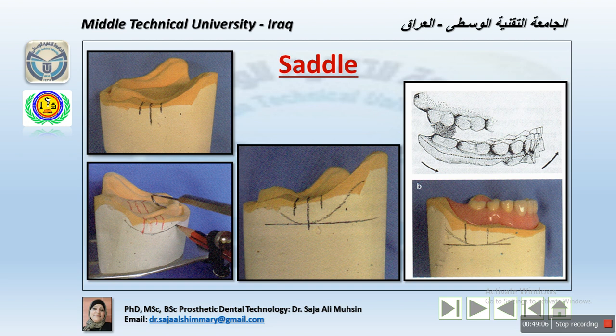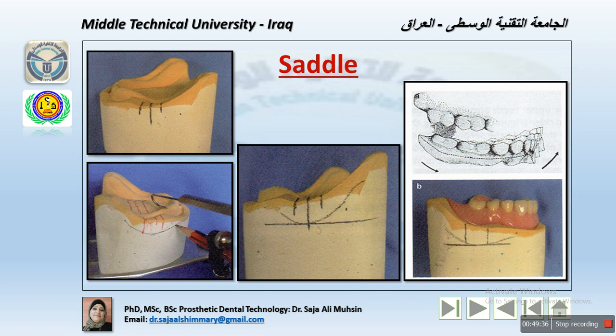This is particularly important for the mandibular rather than the maxillary, because the lower first molar is mostly the removed or extracted tooth, so that's why there is resorption over this area, because of loss of bone supporting the root.